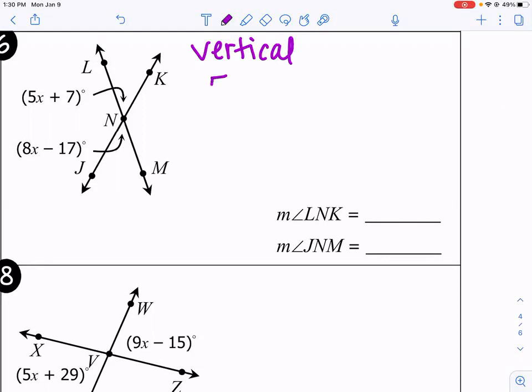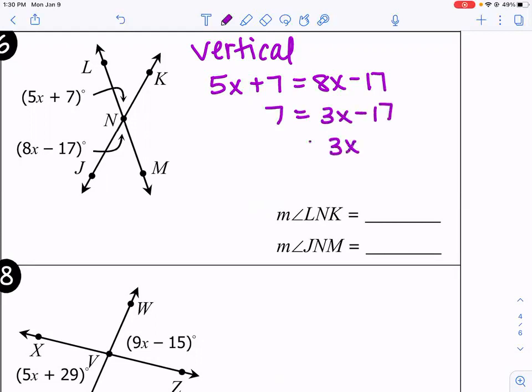They're going to be the same. So 5x plus 7 equals 8x minus 17. So 7 equals 3x minus 17. So 3x equals 24.